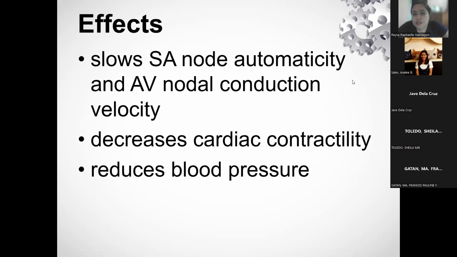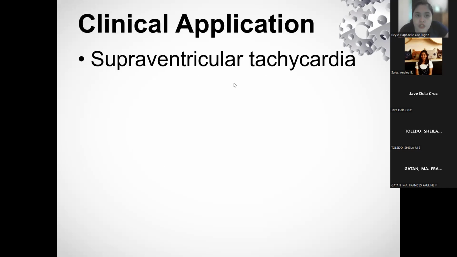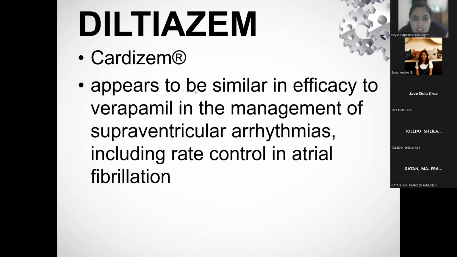Aside from that, it slows down the automaticity of our pacemaker, the sinoatrial node, and the conduction velocity of the atrioventricular node. It can also reduce blood pressure. So where do we use verapamil? For atrial tachycardia, that's supraventricular tachycardia.